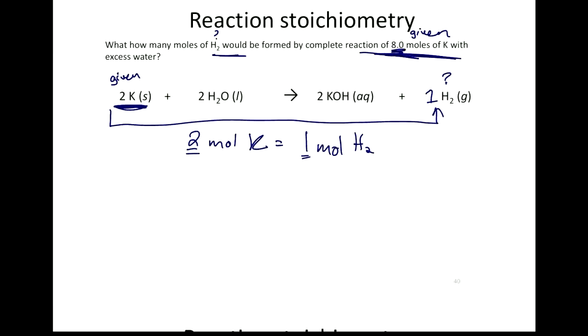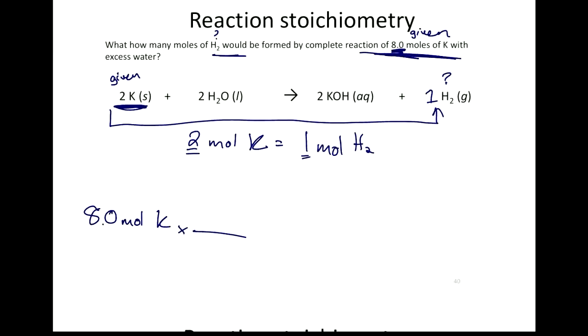I like to start with the value that's given: 8 moles of potassium is what we start with. So look at the equality that I just got from our balanced chemical equation: 2 moles of potassium equals 1 mole of hydrogen. Now look at the units. Is the 2 moles of potassium going to go on the top or the bottom?